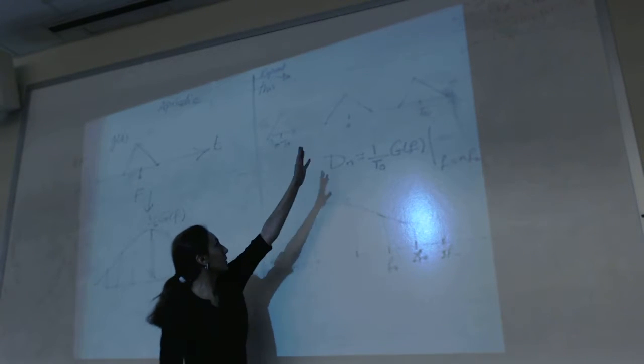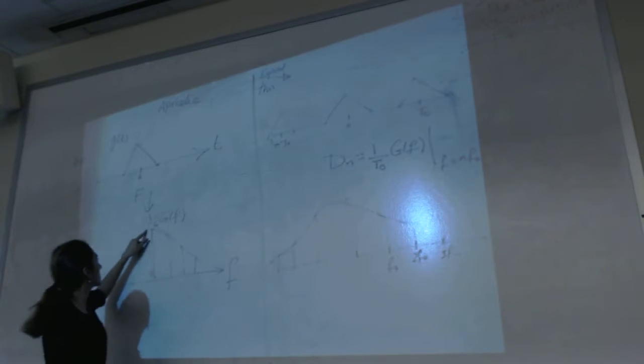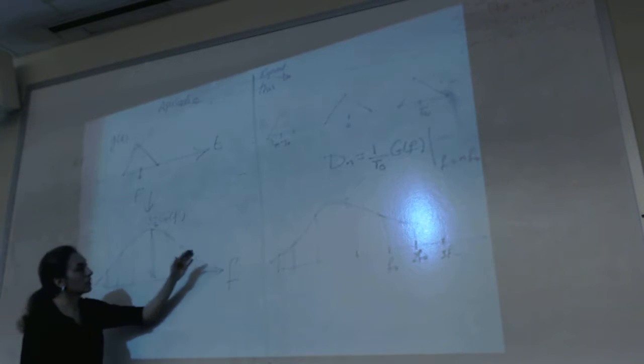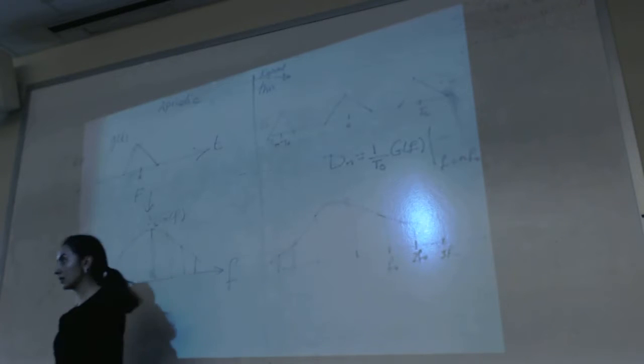This is the relation: the Fourier series coefficients of the periodic repetition are just the samples of this. This was continuous, this is just the samples.